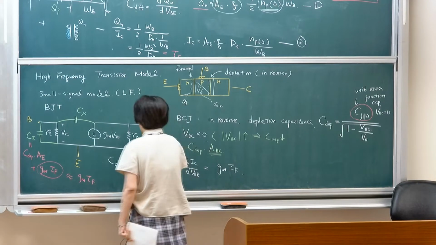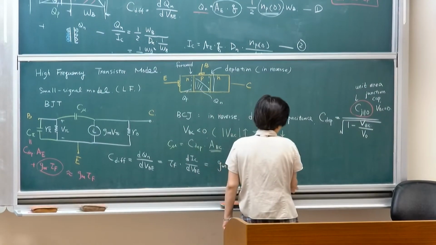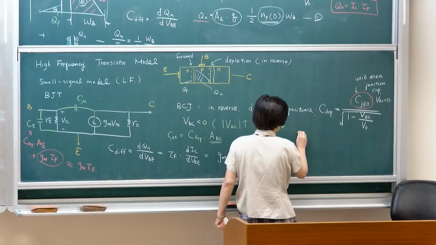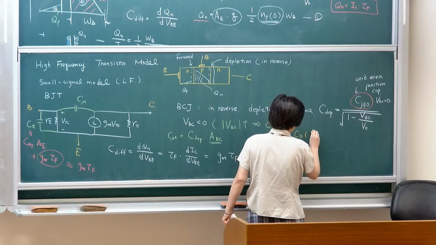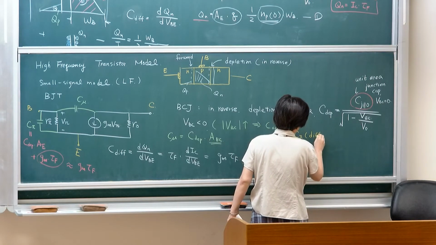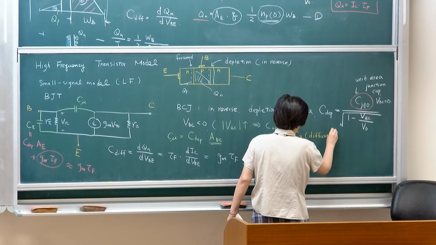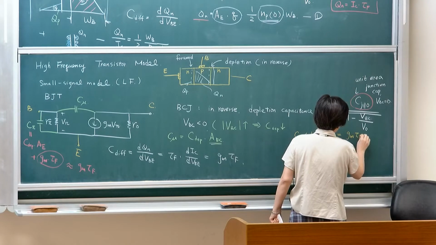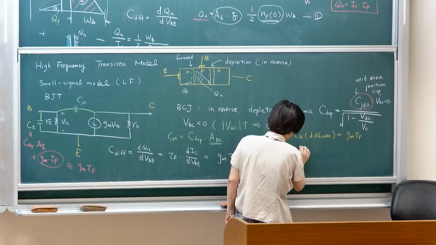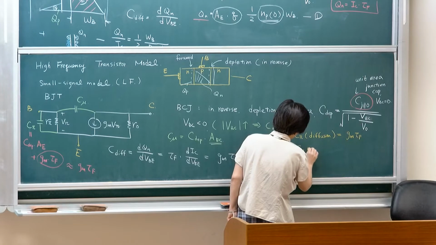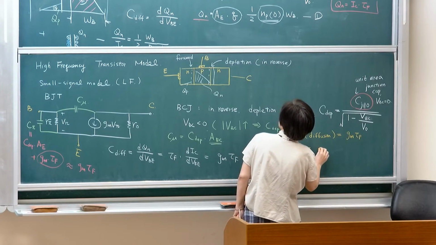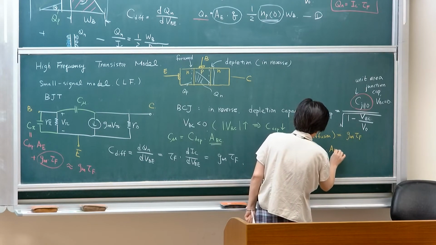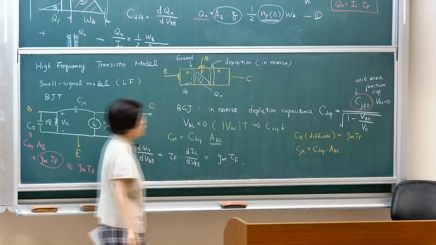In follow-up assumptions, we're going to assume that C pi is dominated by diffusion, because it's much, much higher, so it's gm tau f. And C mu will be determined by its depletion capacitance, the unit area depletion capacitance times the area of the BC junction.